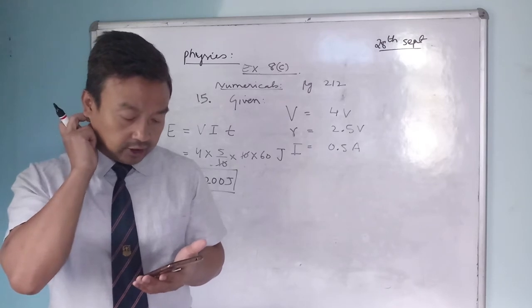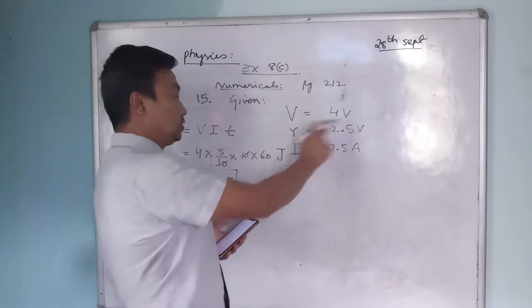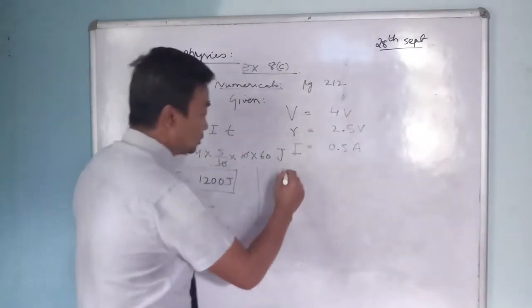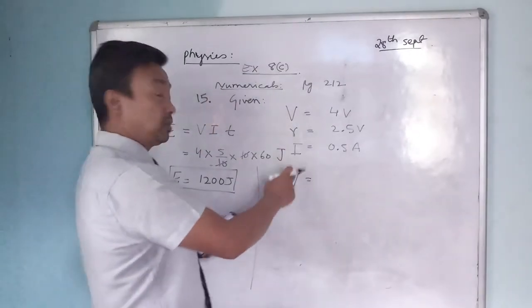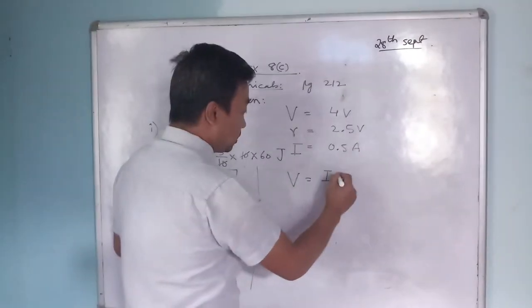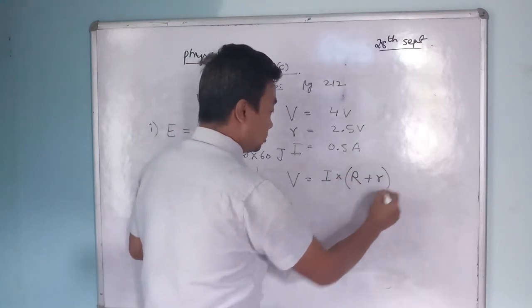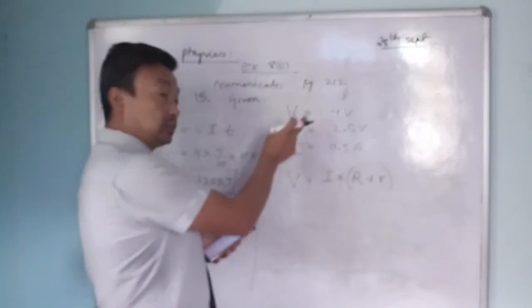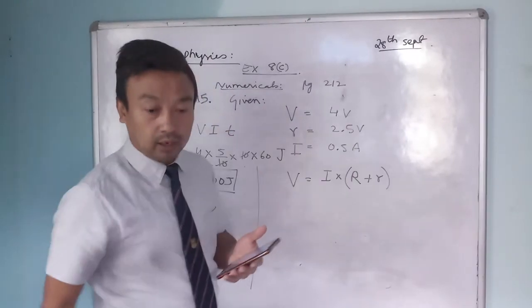Now let us see the second question, the resistance of the bulb. You have the internal resistance, and you have to find the external resistance using Ohm's law. In place of V, the total, you can also write EMF, equals I into resistance. But how many resistances are there? External and internal. This r is the resistance of the cell, and this R is the resistance of the bulb, which is the extra.